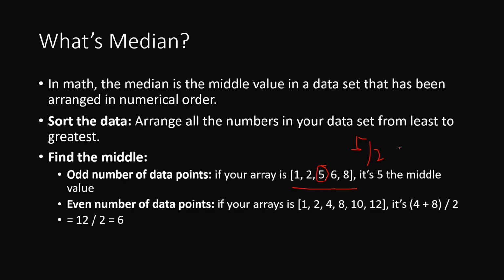But the problem is that it will take O(m plus n) time, where m is the length of the first array and n is the length of the second array, which basically means you need to go through all the elements at least once.